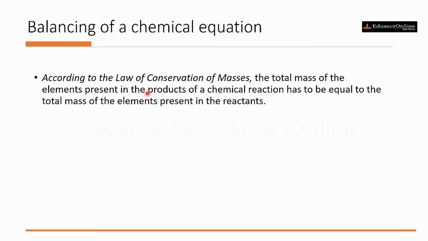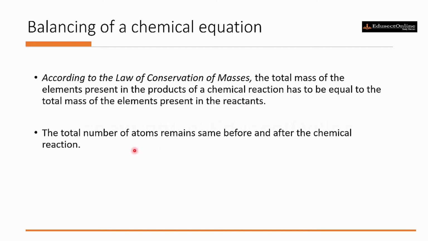According to this law, the total mass of the elements present in the products of a chemical reaction has to be equal to the total mass of the elements present in the reactants. That means the total number of atoms remains the same before and after the chemical reaction.